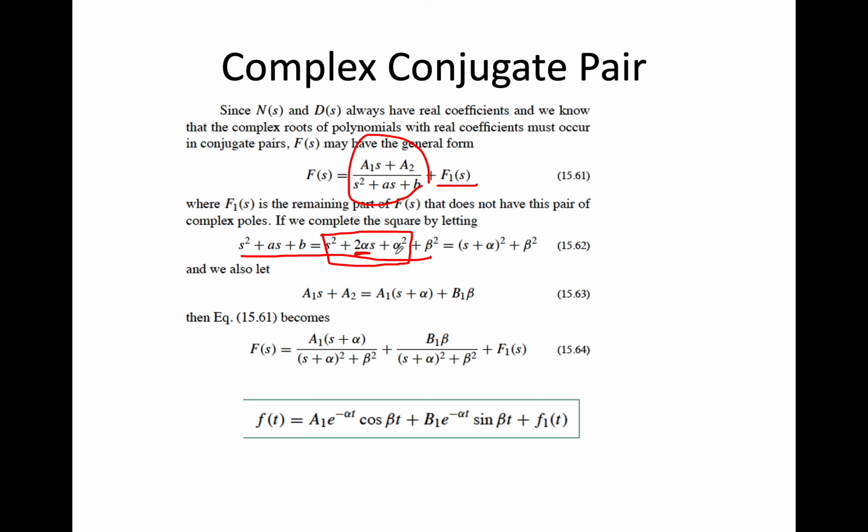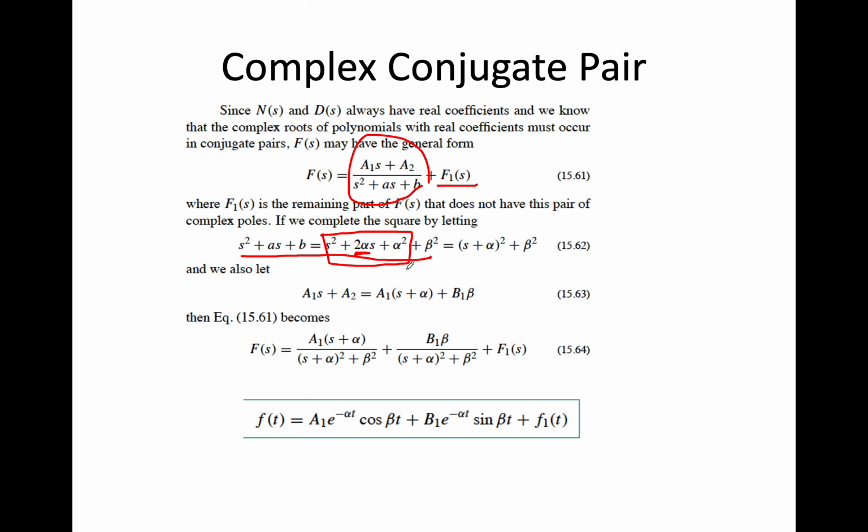And then alpha squared plus beta squared, in order to make these equivalent, has to be b. So you take a and you make it 2 alpha s, figure out what alpha is, square it, and then figure out what you need to add to get to this b. Now I will say, if it turns out you have to subtract something, then you've taken the wrong approach.